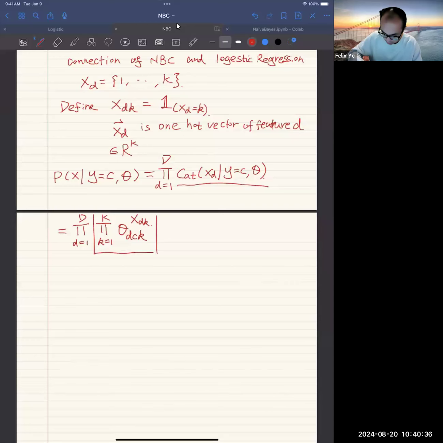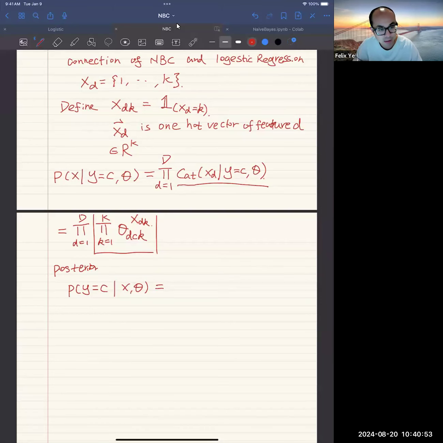All right, so the posterior distribution is the probability of y equal to c conditional on x and theta.